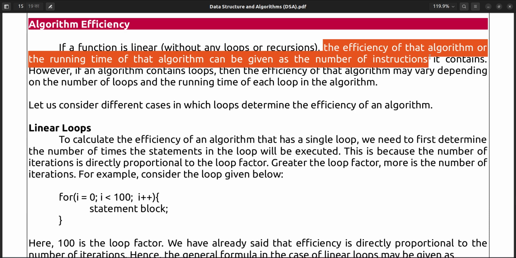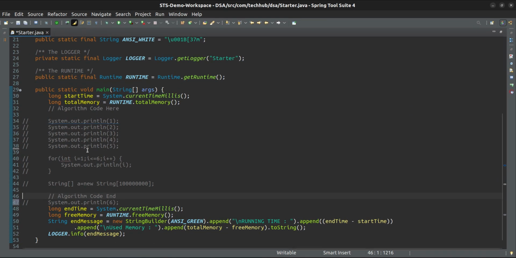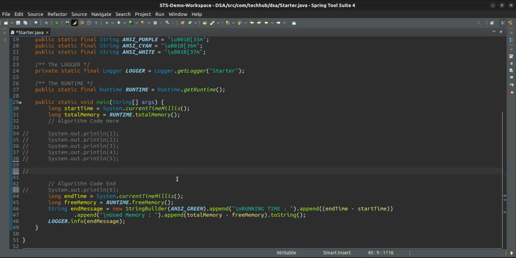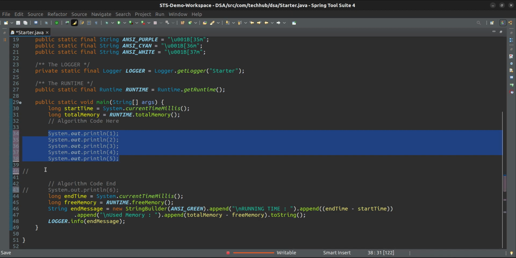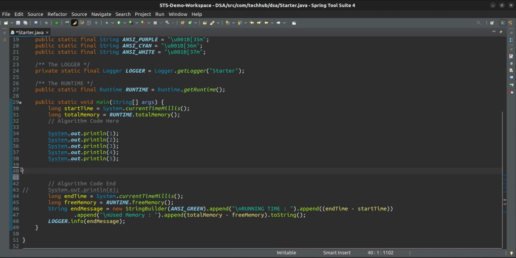Simple. If I write this statement, it means how many statements are there.